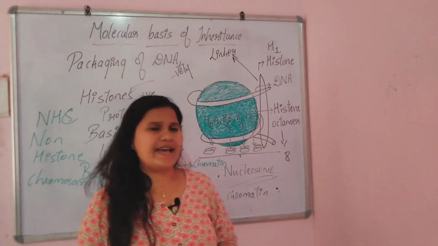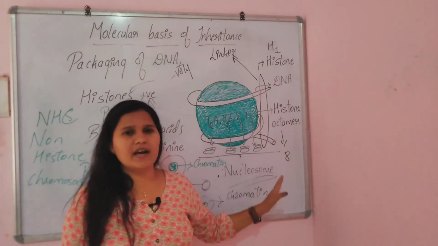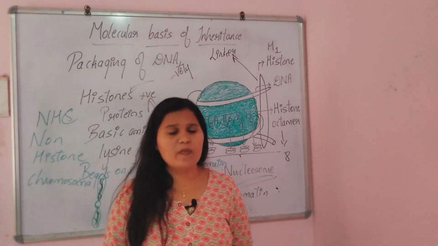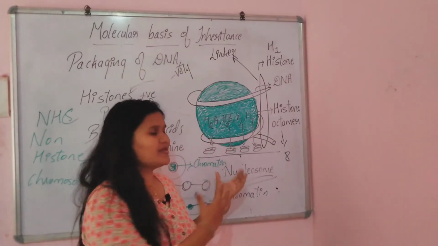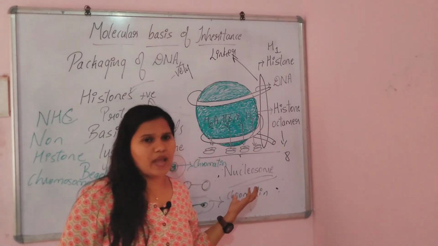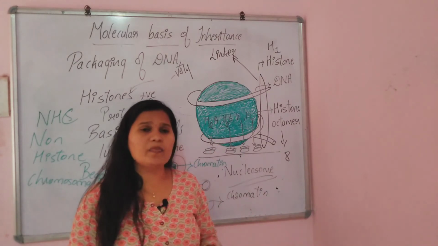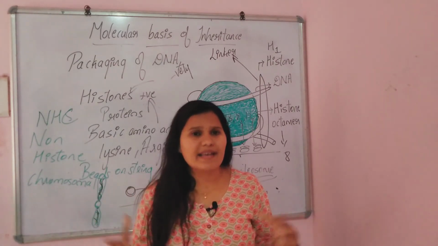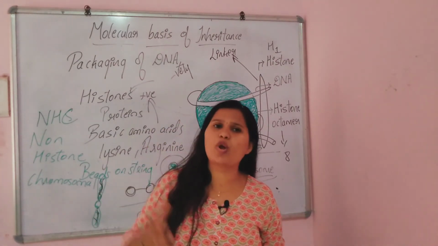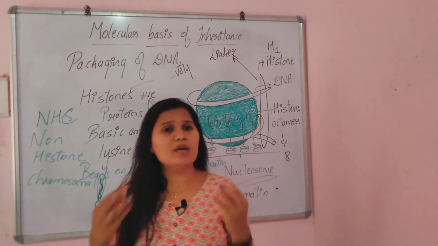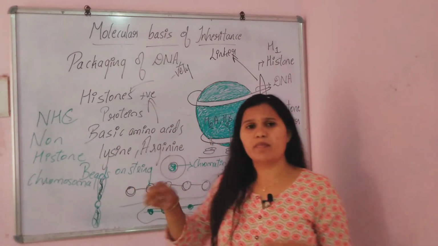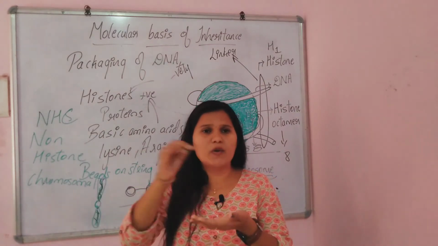So it is called the octamer, and one linker will be there, that is the H1 histone, where this whole structure is called the nucleosome. Okay, so many nucleosomes are linked by this H1 histone, and they form the thread-like structure that is called the chromatin, where this chromatin looks like beads on a string, because on that chromatin the nucleosomes will be present.